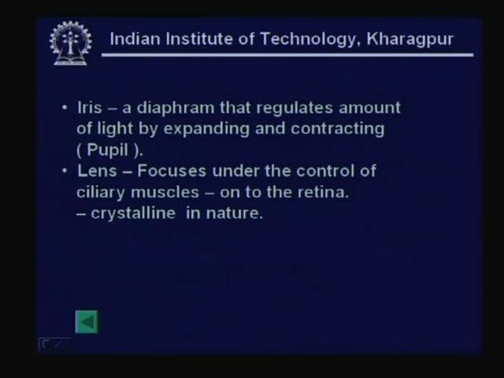Then you have the lens, which is crystalline in nature. This focuses onto the retina. Now, this lens is distinctly different from a lens in a camera in the sense that it is somewhat flexible.